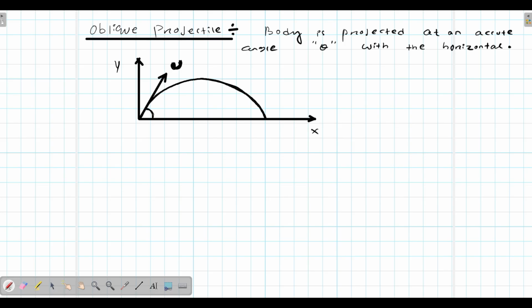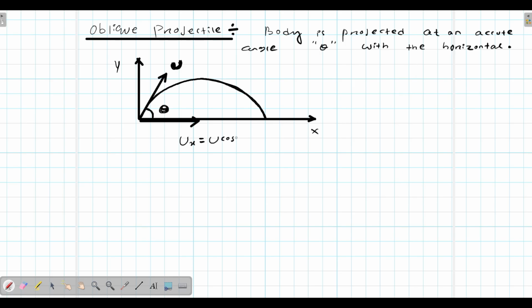Its horizontal velocity ux equals u cos theta.